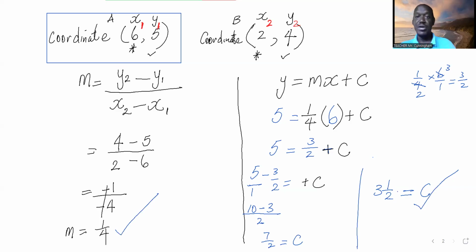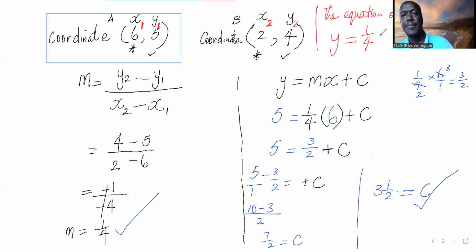The equation of the line: y equals, what was the gradient? x plus 3.5.